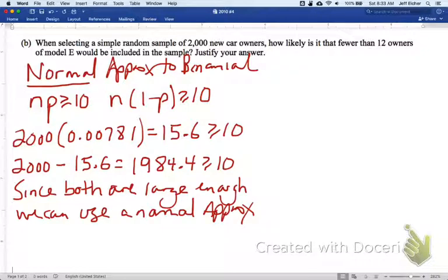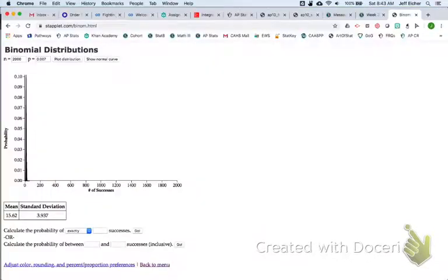Let me give you another visual of this, why that n times p greater than or equal to 10, what that looks like as a histogram. So this is on Statlet, binomial distribution applet. I typed in 2,000 for n and 0.00781, and I plotted the distribution. Now, since we have so many possible number of successes, and our probability was so low, it kind of shifts it down here.